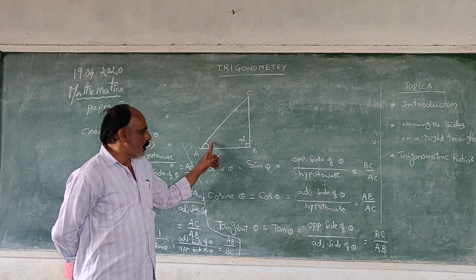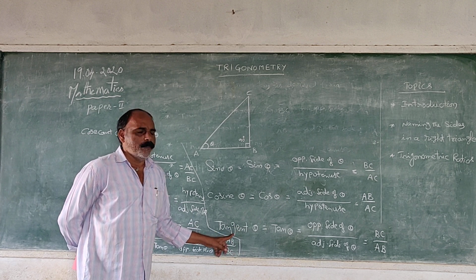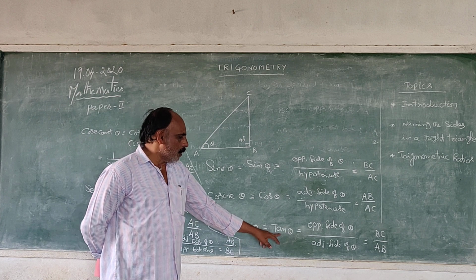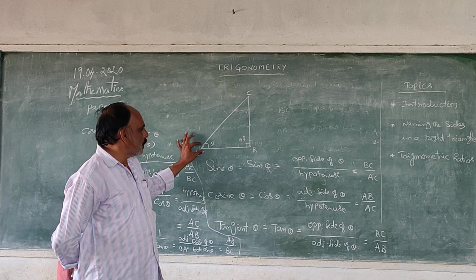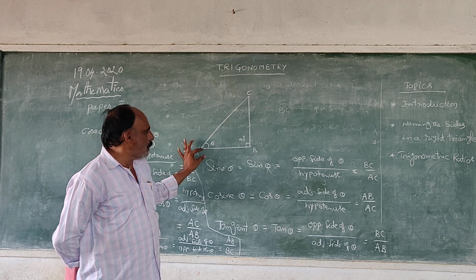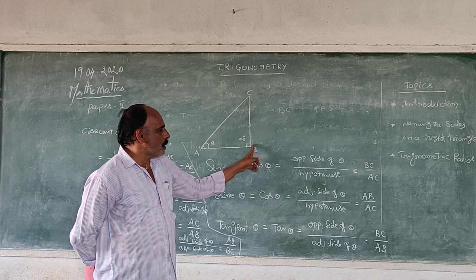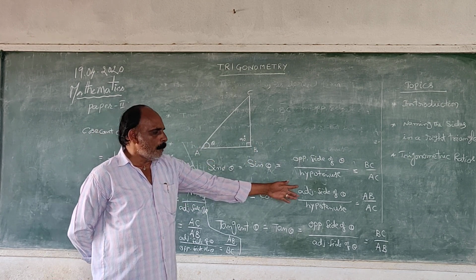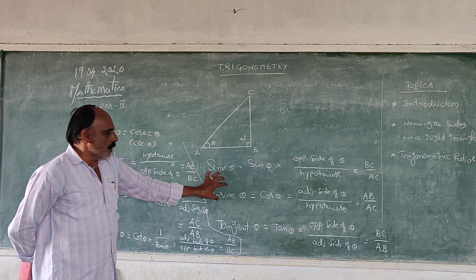And the third trigonometric ratio is tangent theta, the full name. Briefly written with the first 3 letters, tan theta, is equal to opposite side of theta by adjacent side of theta. From the figure, opposite side is BC, adjacent side is AB. So BC by AB. And the next 3 are the multiple inverses of the before 3 ratios.